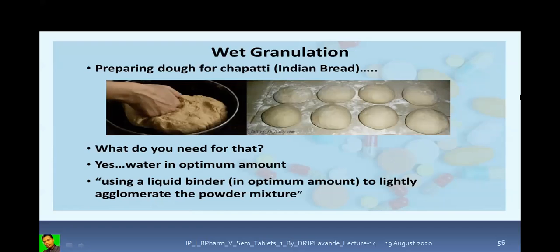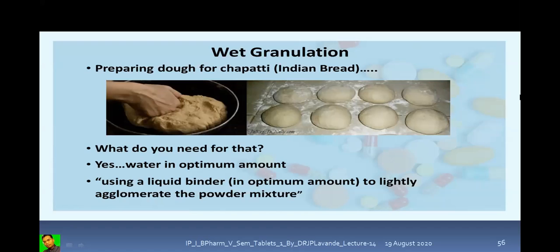Instead, we add this water slowly, partially, in some portions. That has its significance during manufacturing, so that the dough or flour should not become too sticky. So there is a need for slow, portionwise addition of the water.